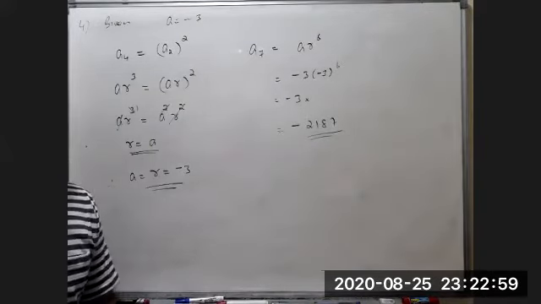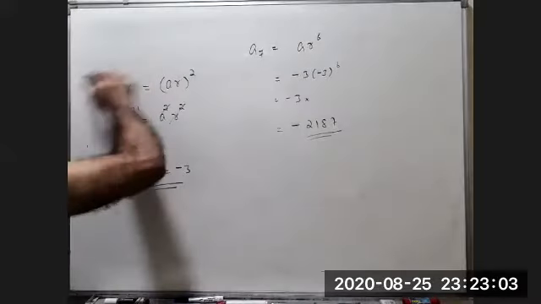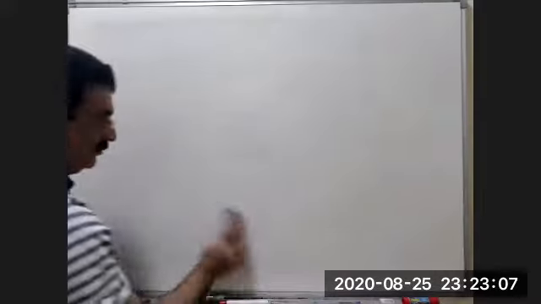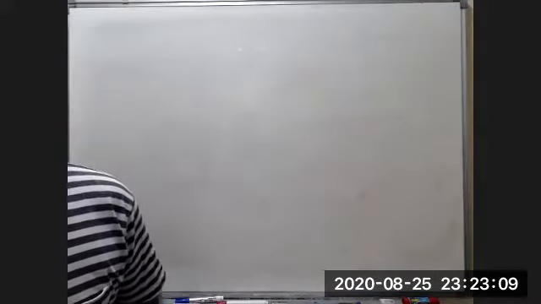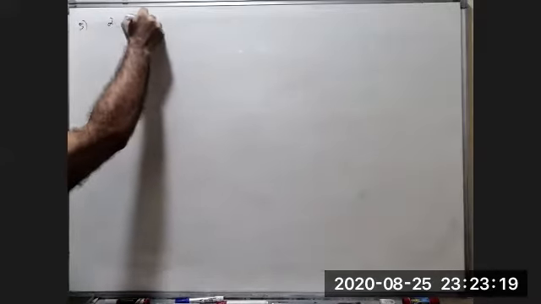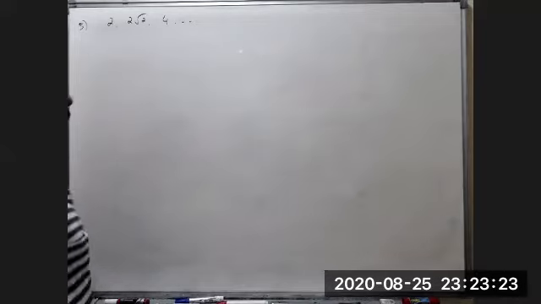We'll do the first 2 bits. Question number 5, the first bit. Which term of 2, 2 root 2, 4, etc. is 128?